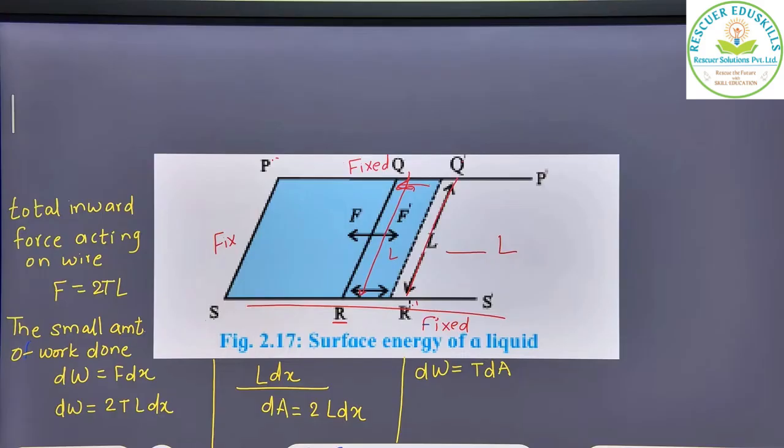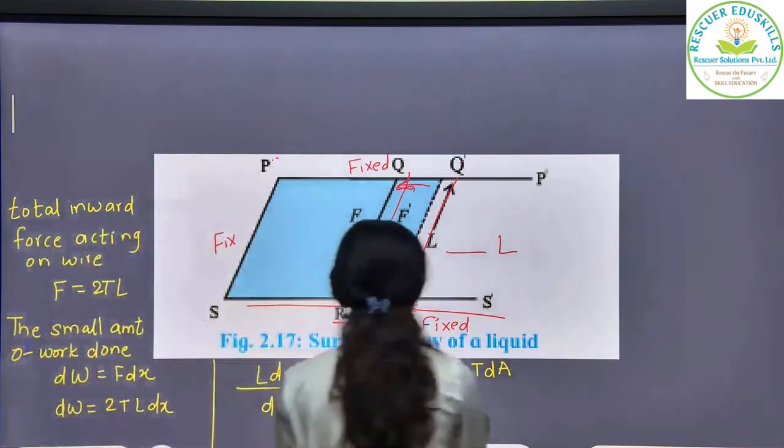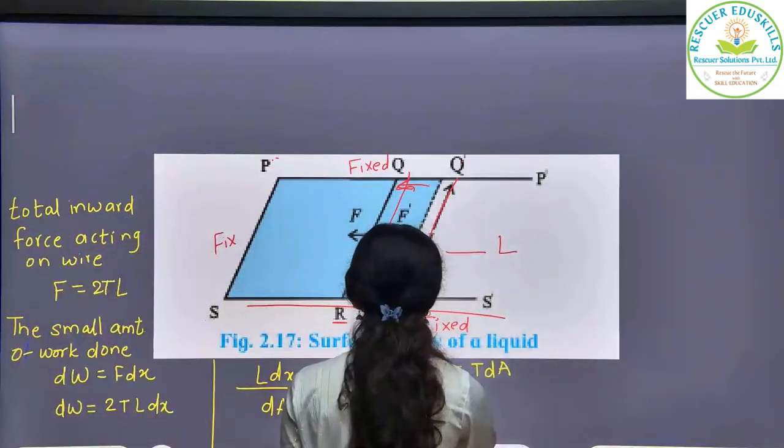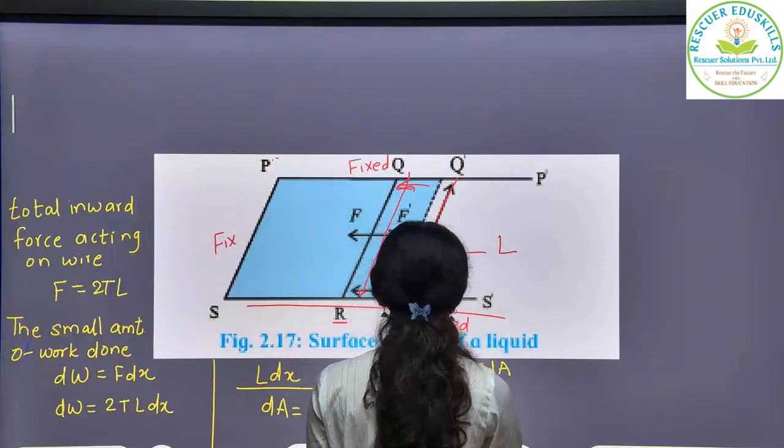Okay, so now this work done in stretching this soap film is stored in the film as potential energy. Okay, so the stored energy is called surface energy.